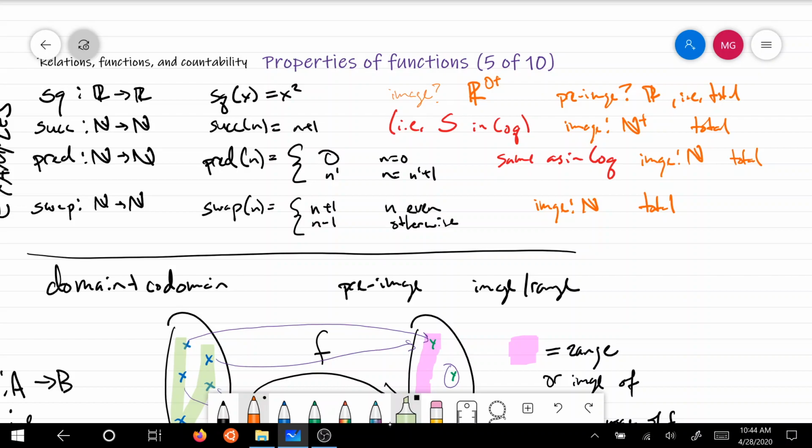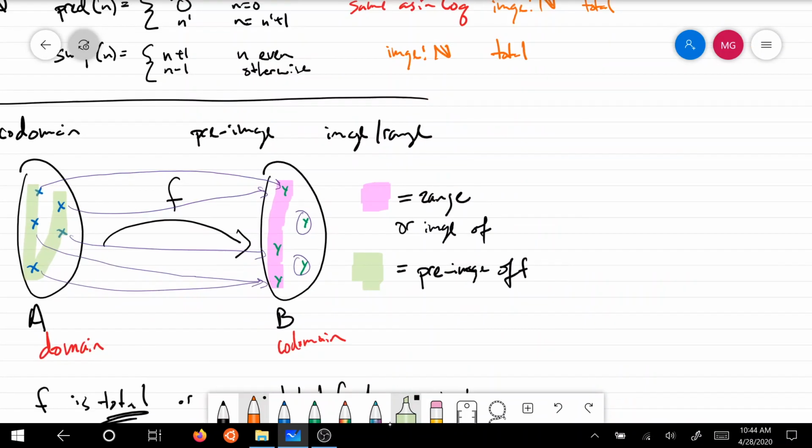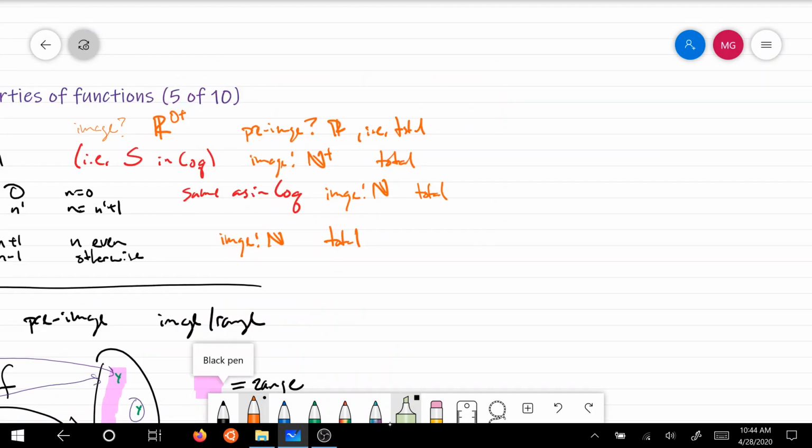Okay, what about a function that isn't total? Well, here's one. Pred prime of n. Here's one way to define it.